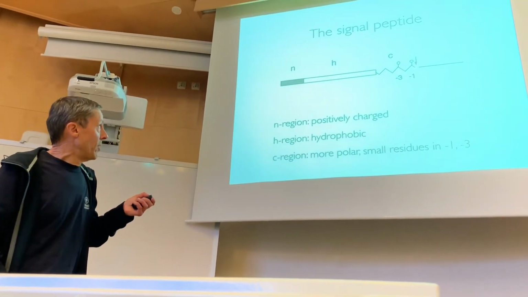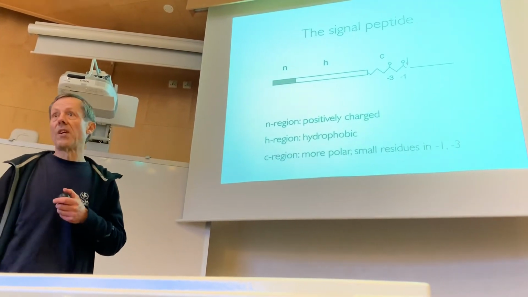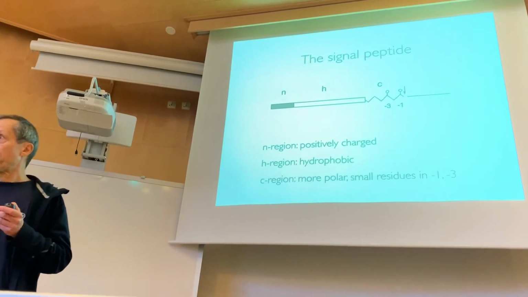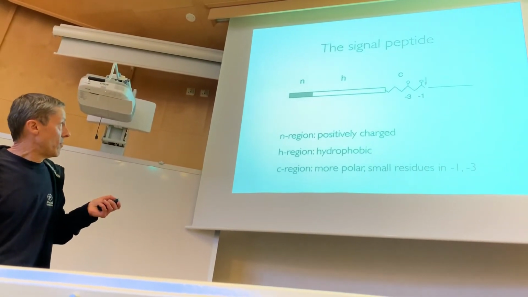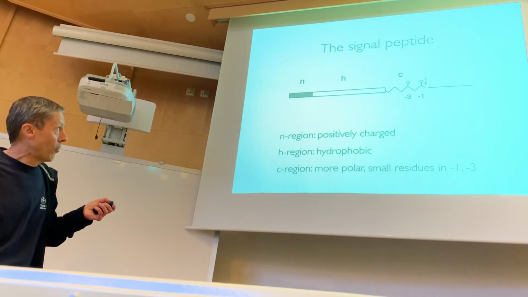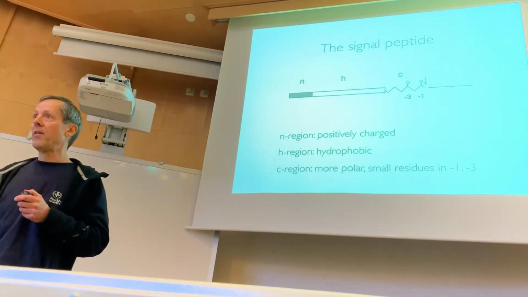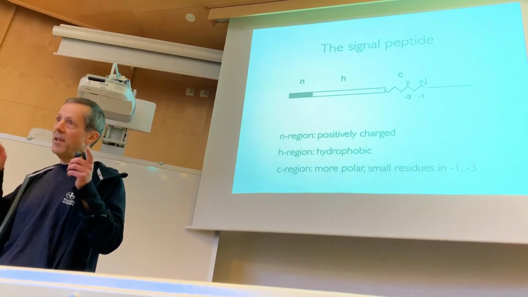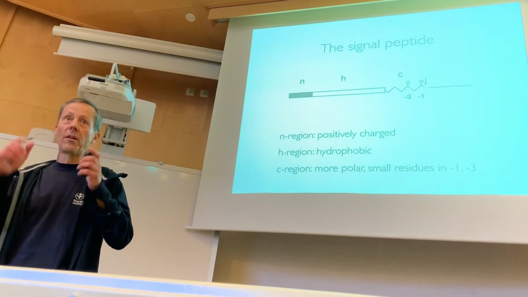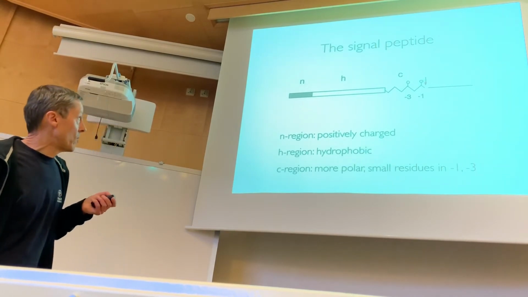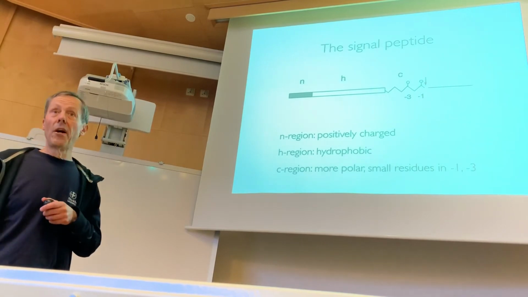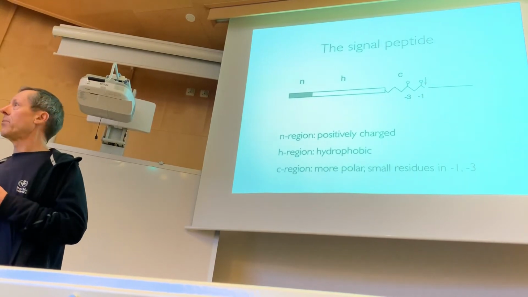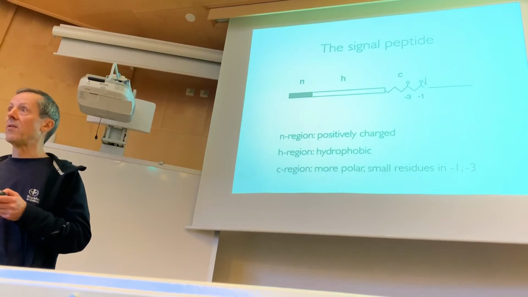One reason why this was kind of an early success, if you will, was that this signal sequence, this targeting signal, turned out to be quite distinct and quite easily recognized by just looking at the sequence. So already I think the first papers were done with maybe 20 sequences or so of signal peptides.